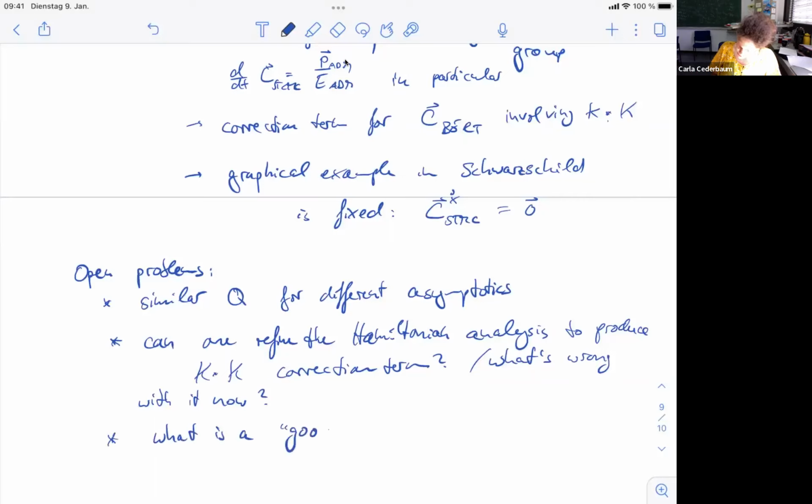And of course, in Newtonian gravity, a good chart is a Cartesian chart, or anything that decays to a Cartesian chart suitably fast. And in relativity, we don't have that, except when we have symmetry, maybe. But typically we don't have symmetry. And then what is a good chart? Is there some nice condition?